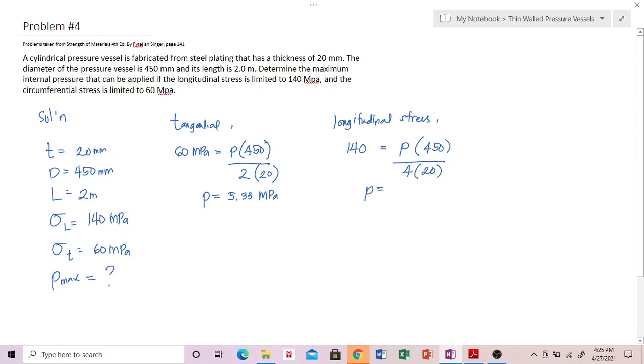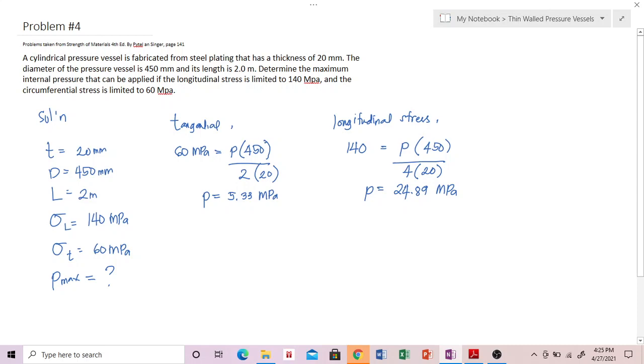Makukuha natin that the internal pressure is equivalent to 24.89 megapascal.